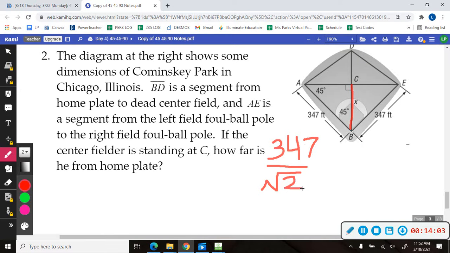This is a problem where I would probably just type in my calculator 347 divided by square root of 2. I know it's not exact, but I don't think a person's going to want your answer as a radical when you're talking about a real life example. So if you type this in your calculator, you get about 245.366.